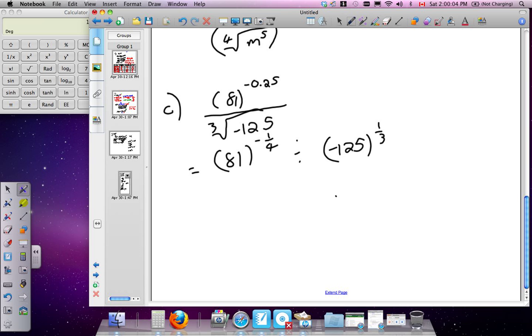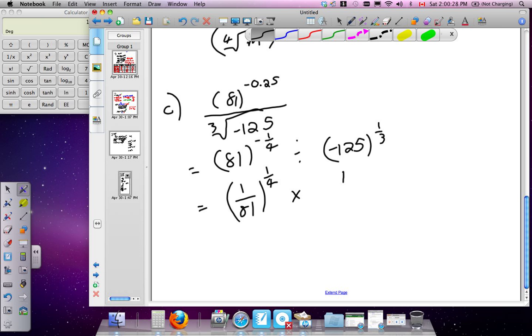Then I'll deal with this. So this is going to say technically 1 over 81 to the 4th. So it's the 4th root. Divided by, well, instead of doing the divide by, when you divide fractions, what this will actually say is multiply, it should say 1 over negative 125.